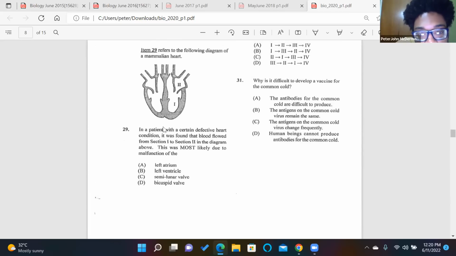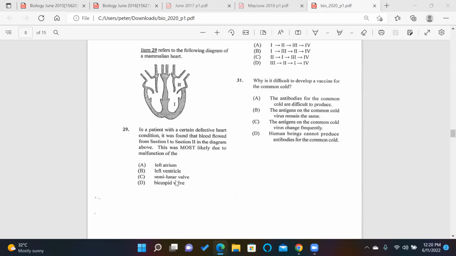So let's look at this. Defective heart condition found that the blood flowed from section 1 to section 2. This was most likely due to a defect in the section 1 to section 2. Yeah, all right, yeah. So what's it?